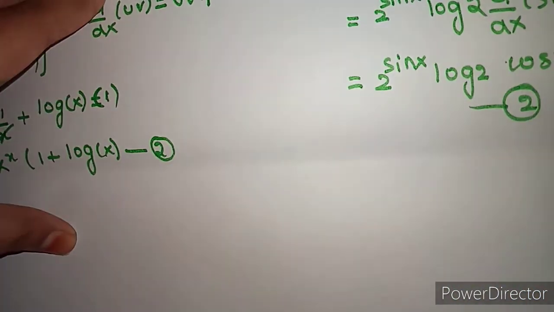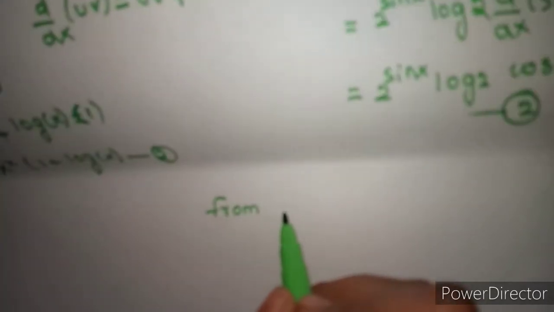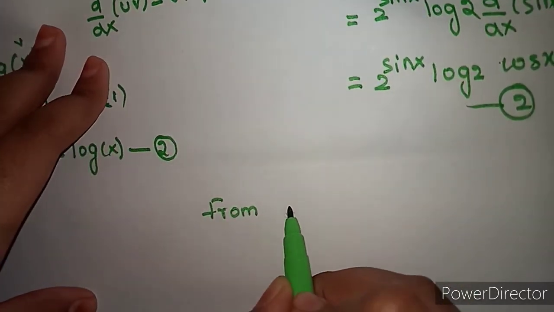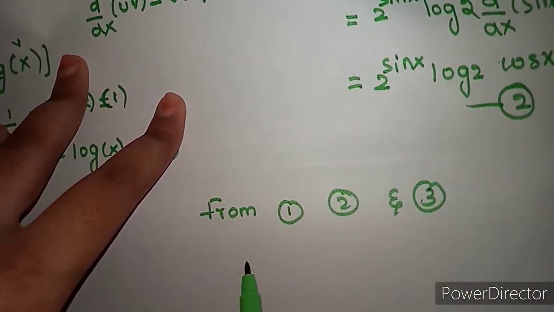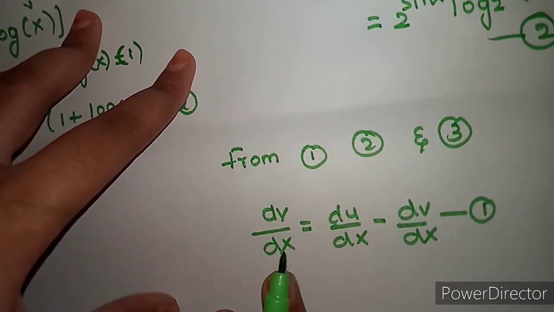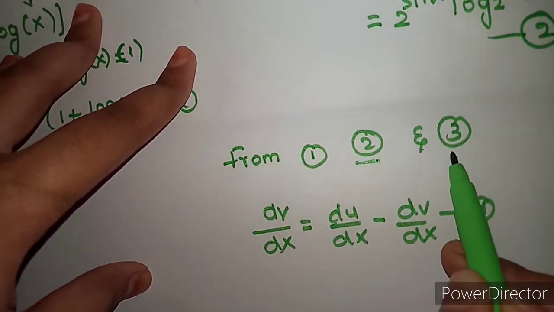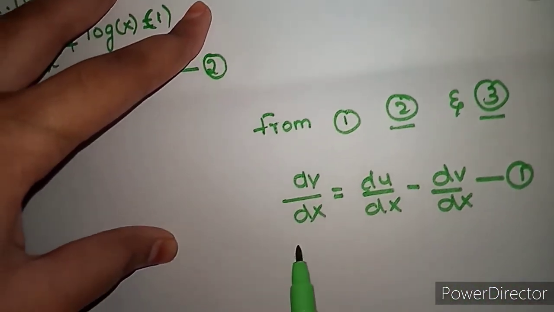Now from equations 1, 2 and 3, dy by dx is equal to du by dx minus dv by dx, right? This is equation 1. In that I need to put equation 2 and equation 3 in the place of du by dx and dv by dx.